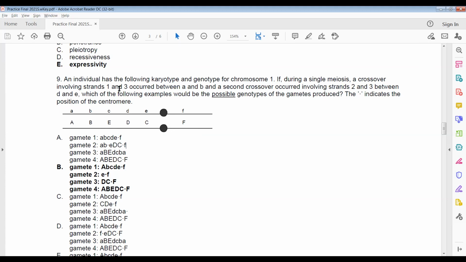So if this is the situation, you need to know how to draw the dicentric bridge structure, right? I hope you still remember. In the lecture, I showed you the structure with 2 centromeres, and once you have that, there's a random break on the bridge to produce 4 gametes, something like this.